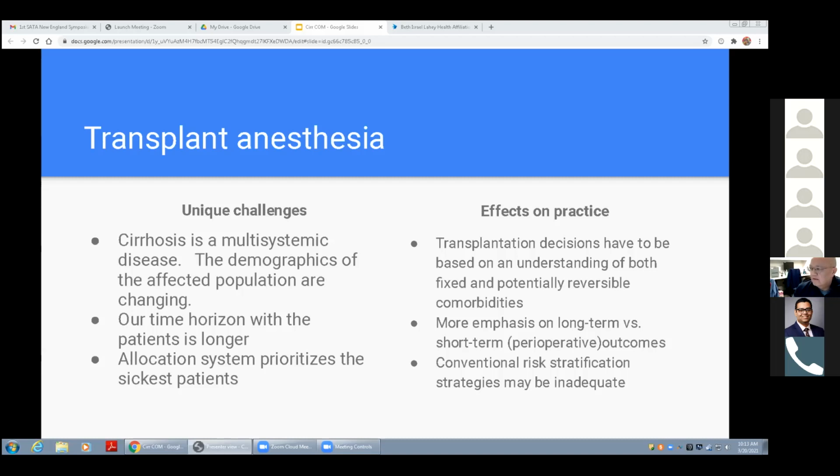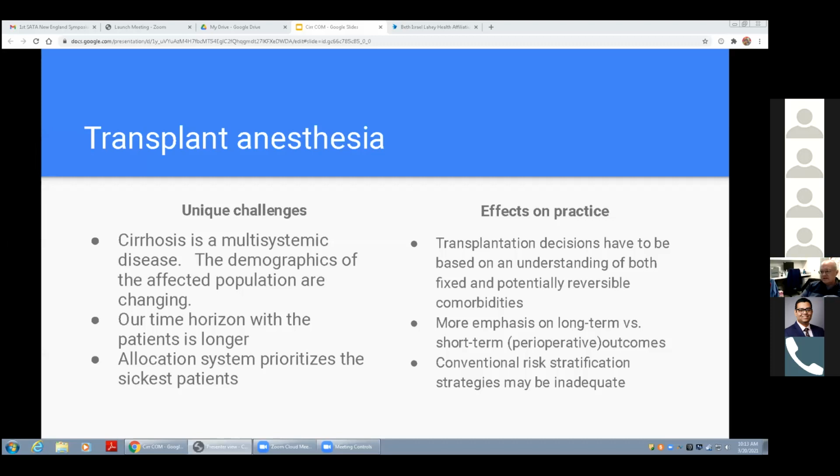Finally, the MELD allocation system prioritizes the sickest patients. Think about that compared to somebody undergoing hip surgery or elective knee surgery. For transplant, we're prioritizing the sickest first, obviously because they have the most to gain. So it's truly a high risk, high reward endeavor.